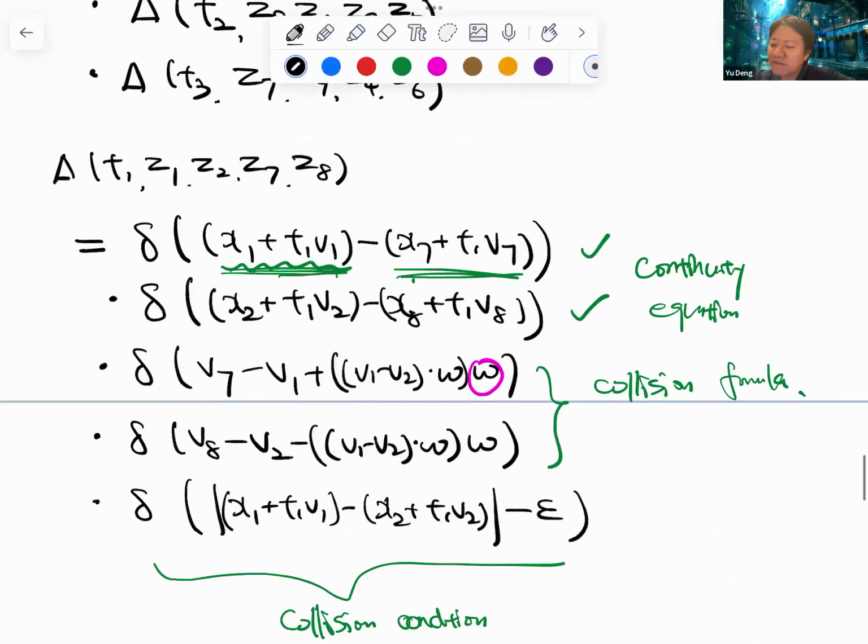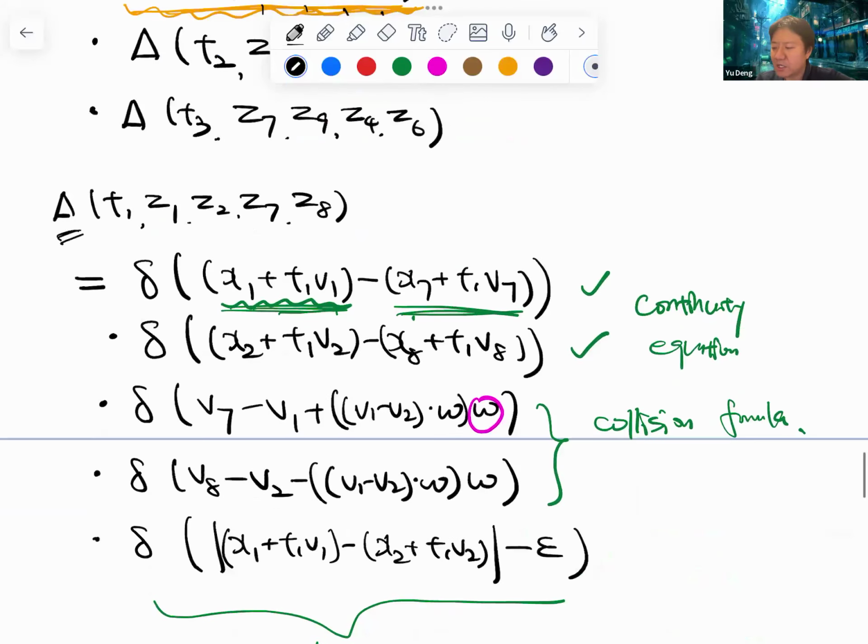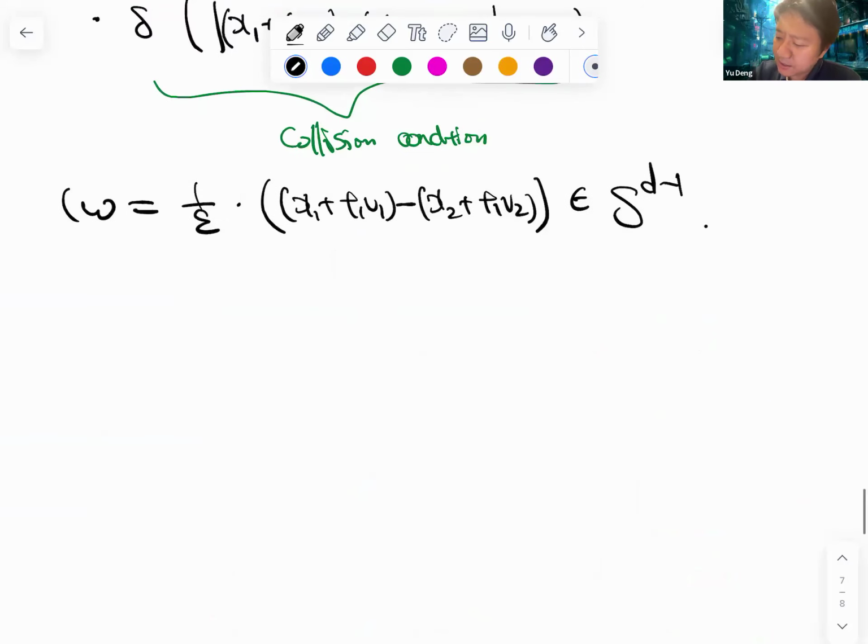In fact, each of the factors we define in this delta function only depends on the local variables around that particular collision and around that particular atom or vector, such that we don't have these long chains of iterated change of variables, which is something we want to avoid. Okay, so this way we obtain this integral expression. So let me write it here in general.